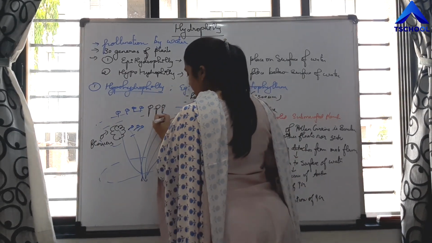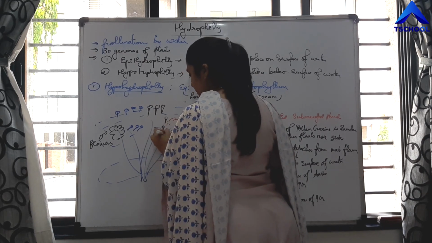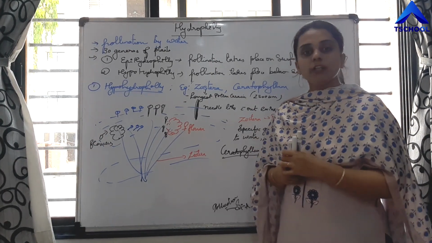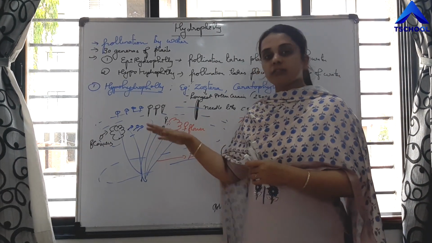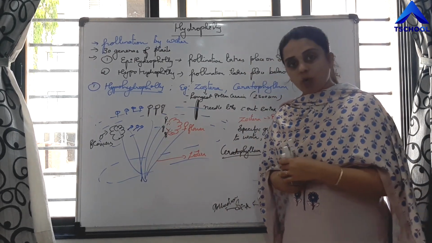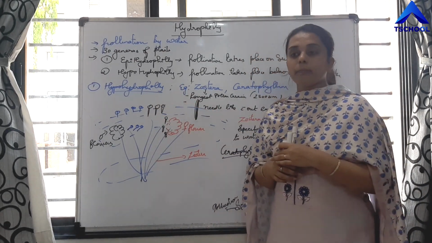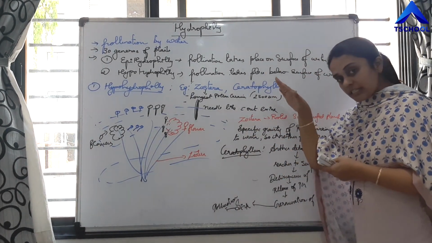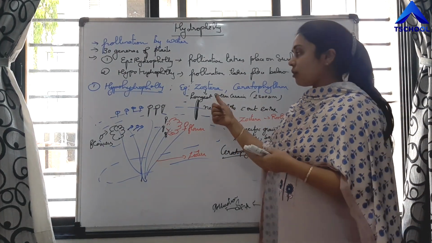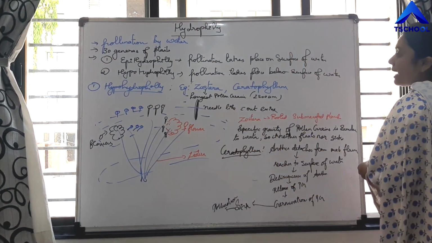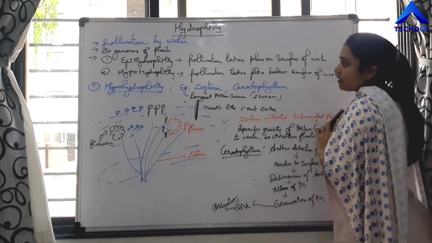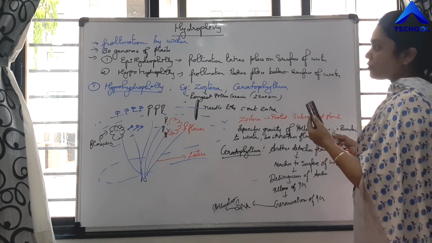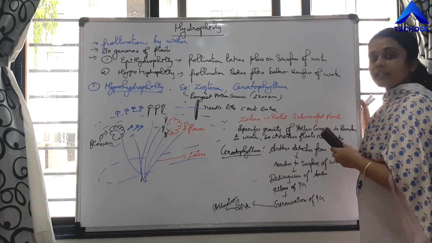So the pollen grains again sink and reach the female flowers, and thereby there will be pollination. So pollination occurs below the surface of the water. That is why it is also part of hypohydrophily. Examples are Zostera and Ceratophyllum. So hydrophily is of two types, epihydrophily and hypohydrophily. Now we'll study epihydrophily.